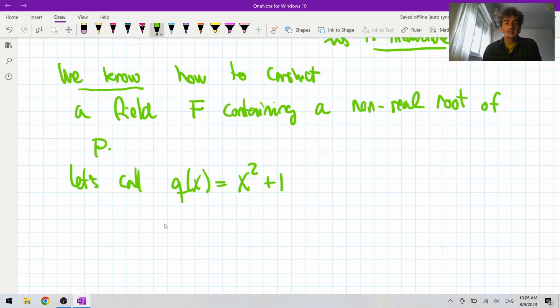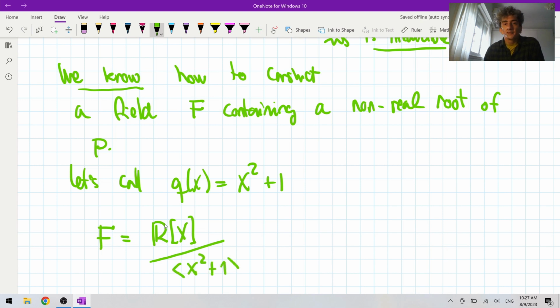And let's take F to be the quotient of R of x by this polynomial.